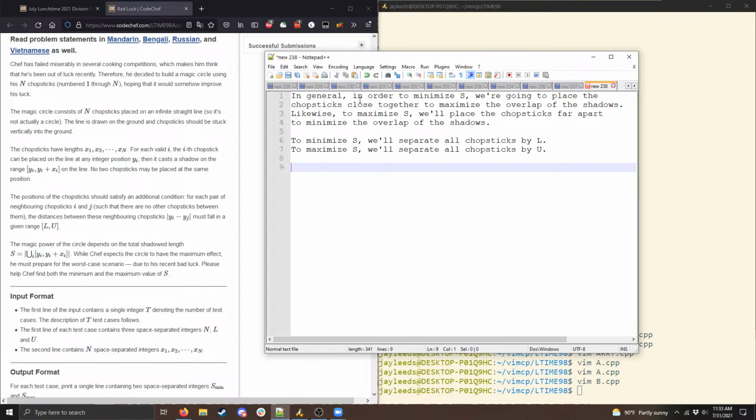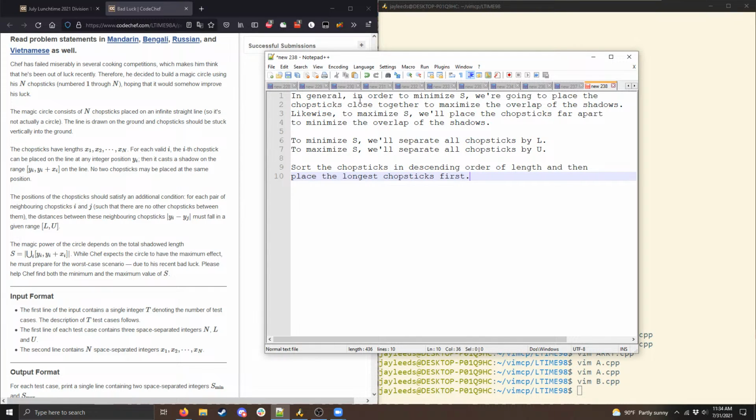I'm trying to remember. I don't think I proved my solution to the minimum case in contest, but essentially what I did is I just sort the chopsticks in descending order of length, and then place the longest chopsticks first.